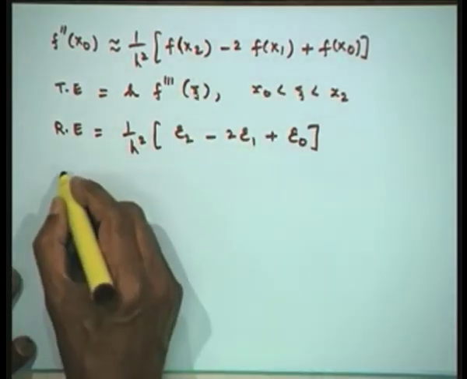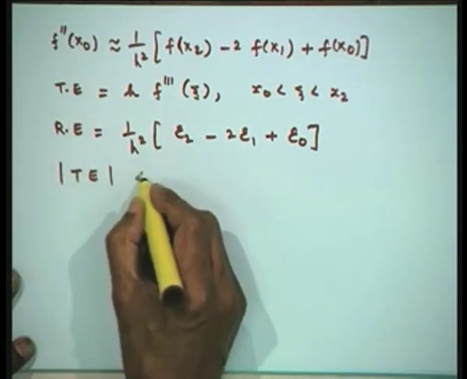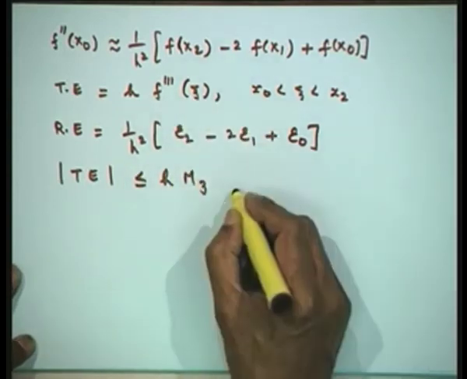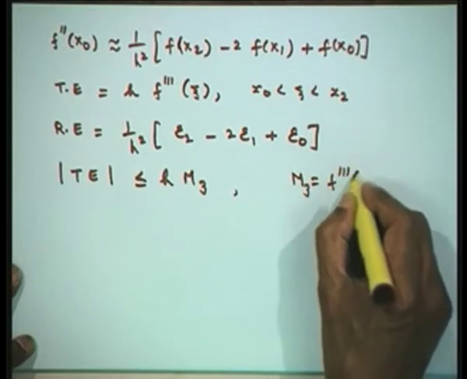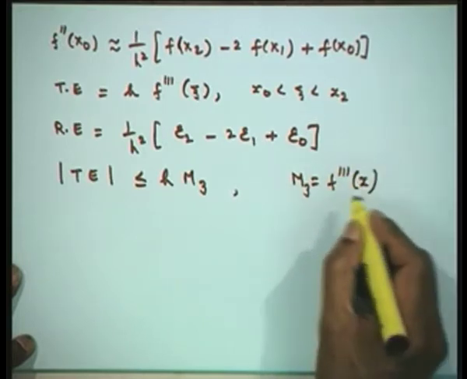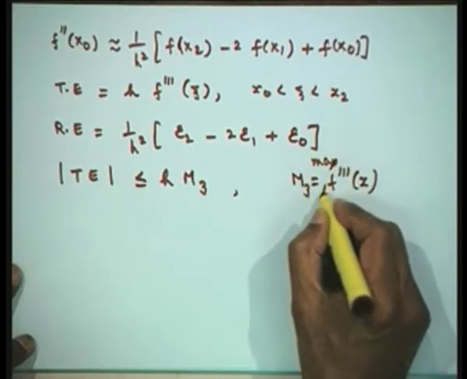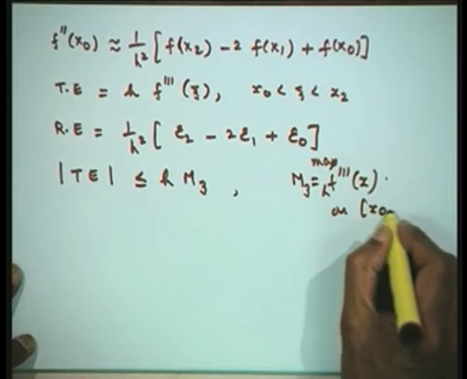Then we have taken the magnitude of this and shown that the magnitude of the truncation error is less than or equal to h times m 3, where m 3 is the maximum magnitude of f triple dash x on the given interval x naught to x 2.